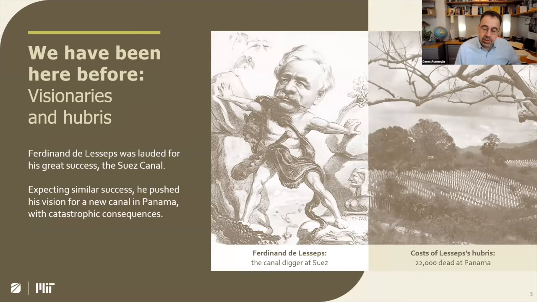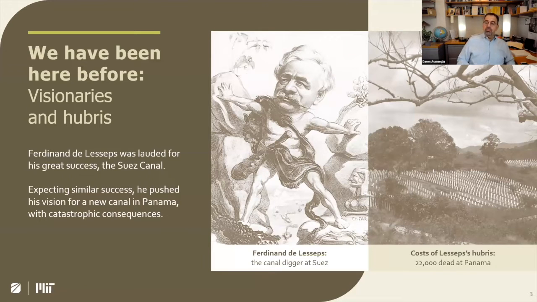And at the end of the Suez Canal, he emerged as, perhaps, for lack of a better term, the Elon Musk of his age, where everybody saw him as the visionary with a strong interest in spearheading the next level of advances. But it also made him more hubristic than he already was.